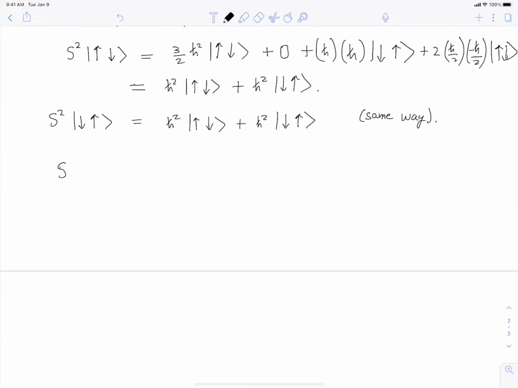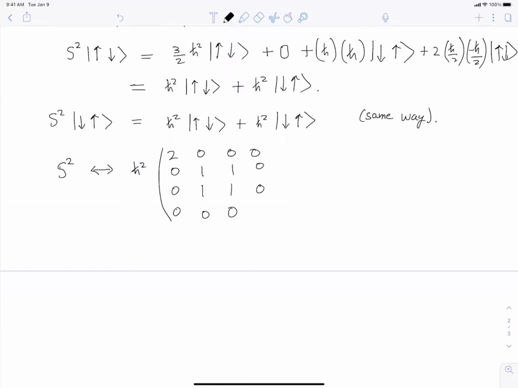And so the result is the representation of S squared in this basis is h bar squared times 2. That's for the first one, and there's all zeros. And then there's 1, 1, 1, 1 for the up arrow, down arrow states.